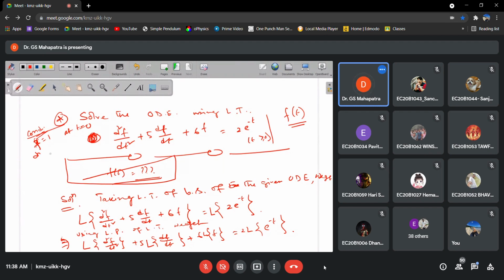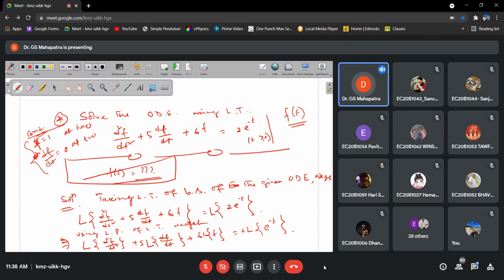And what is the next condition you need? df by dt, that is f dash of t, is 0 at the same point t equals 0. So the second condition is at t equals 0. These are the 2 conditions.